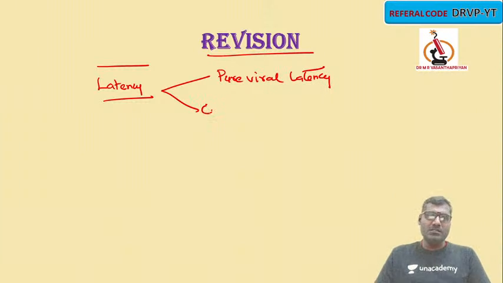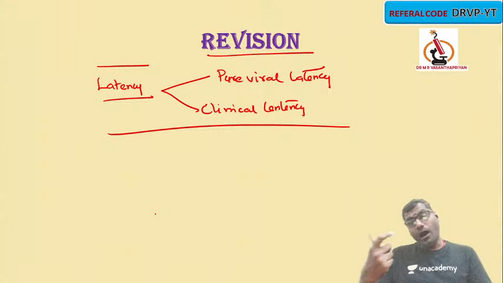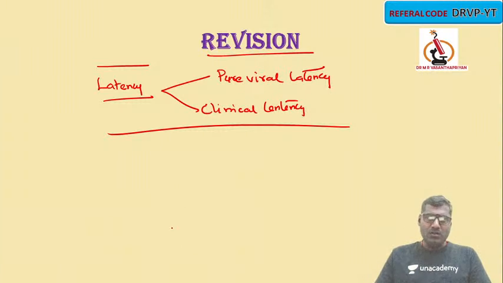The second one is clinical latency. Pure viral latency means we may not be able to detect the virus during laboratory tests and replication is also nil. But clinical latency means the virus will be detectable along with its antibody, and it will make a mild, minimum replication that maintains the virus in an active manner.